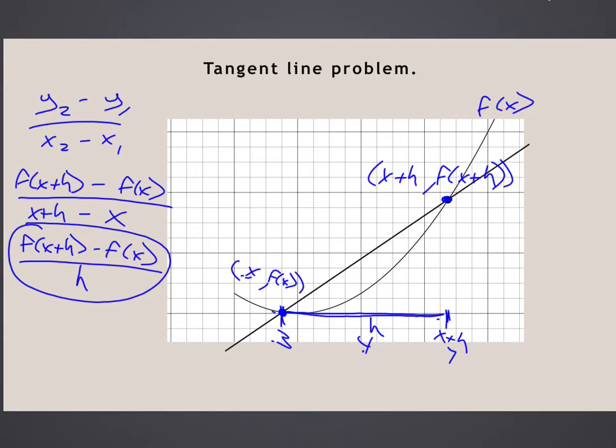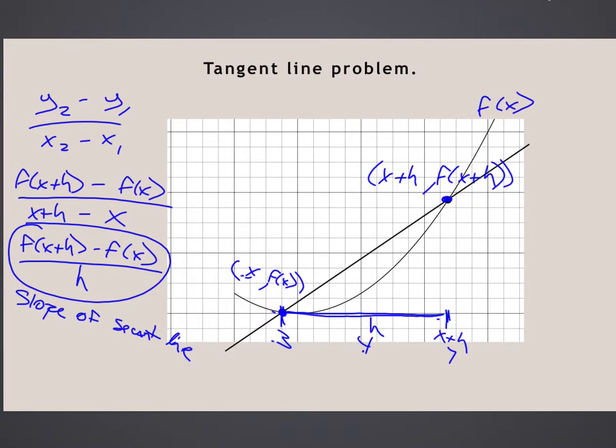So, what does that formula right there represent? The slope of the secant line. That formula right there helps me get the slope of the secant line.